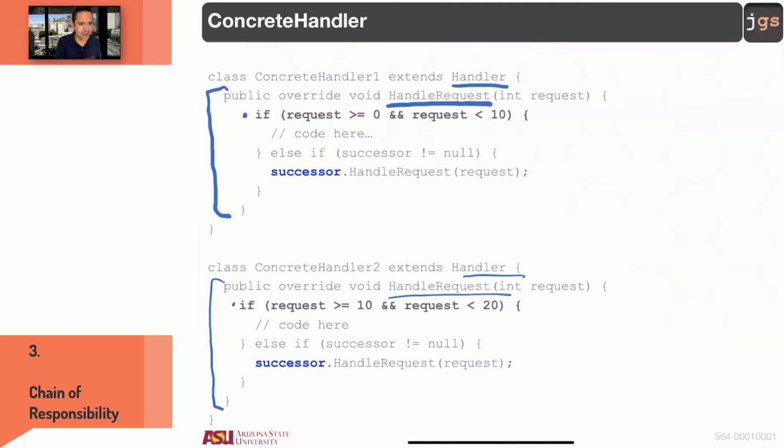All the elements, the professor, the grader, the TA, those are classes that are inheriting from a common parent. And inside, they have this request, process request, handle request, whatever, one method. And inside of the method, the professor, the grader, and the TA, they are going to take a decision according with one condition. They are going to pass the request to someone else or they are going to do something.